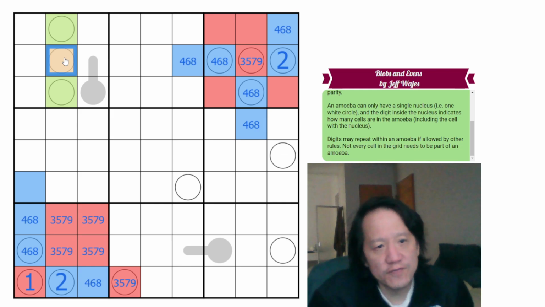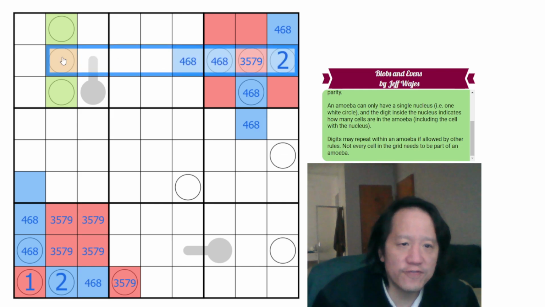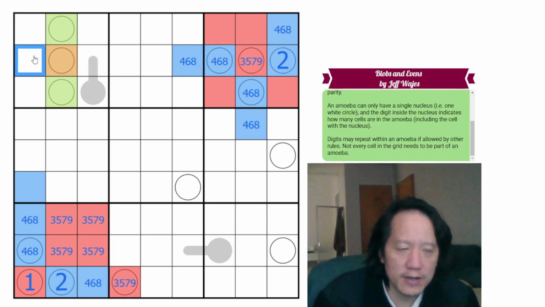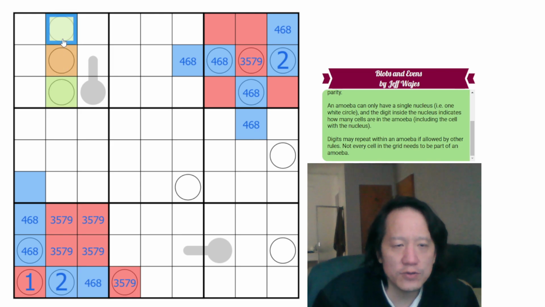If this is even, that would make this 4 evens in row 2. Therefore, there cannot be another even in row 2, except that the problem is this would be even. It would be next to 2 odds, and then 2 odds this way, because these have to be different parities, because there can only be 1 nucleus in an amoeba.